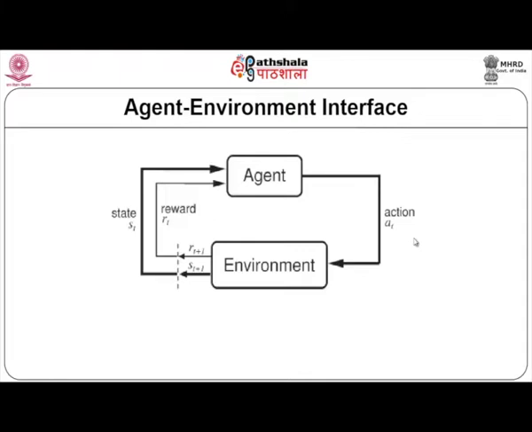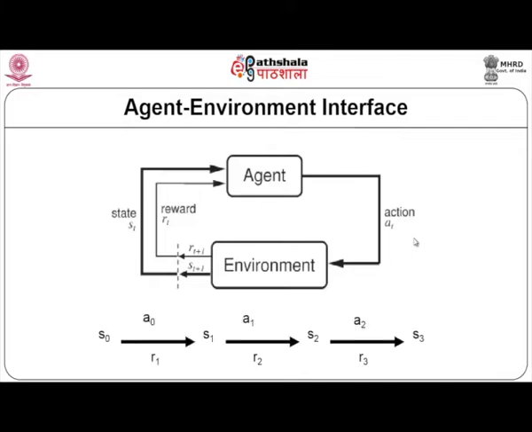So, the environment has now reached a state ST plus 1 because of the action AT, and that state is given, and the reward for that is also given, the reward RT plus 1. And that reward goes to the agent. So, for the state ST you could have given a reward, and for the state ST plus 1 because of the action you could have given a reward. So, there are two rewards that are associated here.